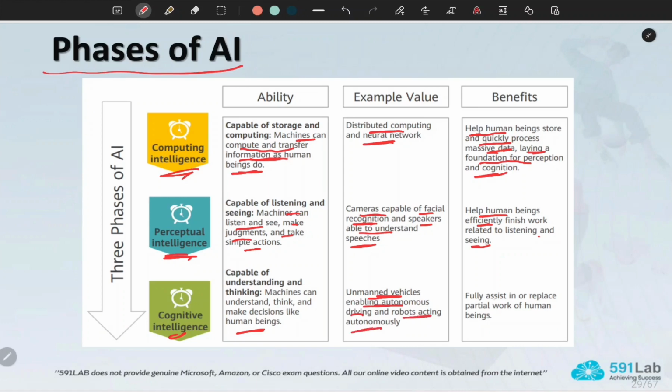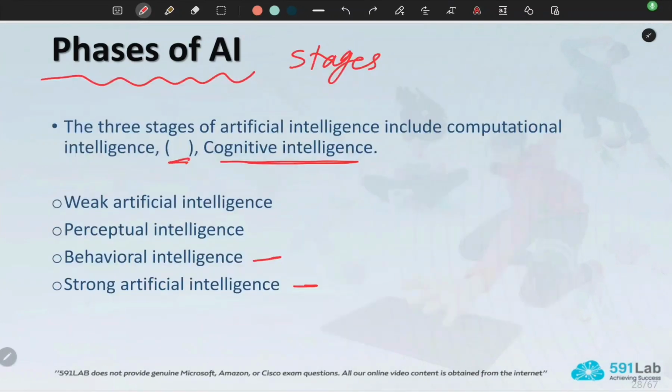The benefits of this one: it fully assists in or replaces partial work of human beings. Back to the question. The three stages of artificial intelligence include computational intelligence, which is the first stage, perceptual intelligence, second stage. Then the third stage is cognitive intelligence.